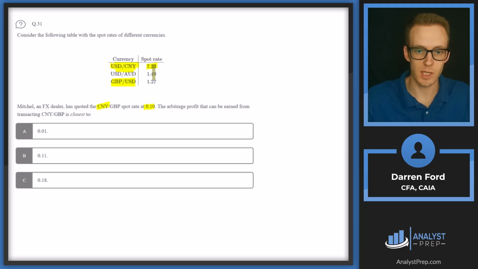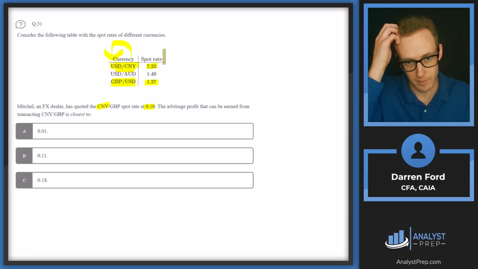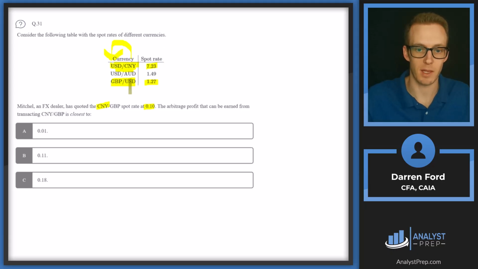But to use this spot rate, we need to get CNY into price currency. So we need to invert this spot rate. So we'll do 1 over 7.23. And then we're going to need to do the same thing here. So we're going to move USD to the price currency. We'll do 1 over 1.27 to get the spot rate. So here's what that ends up.